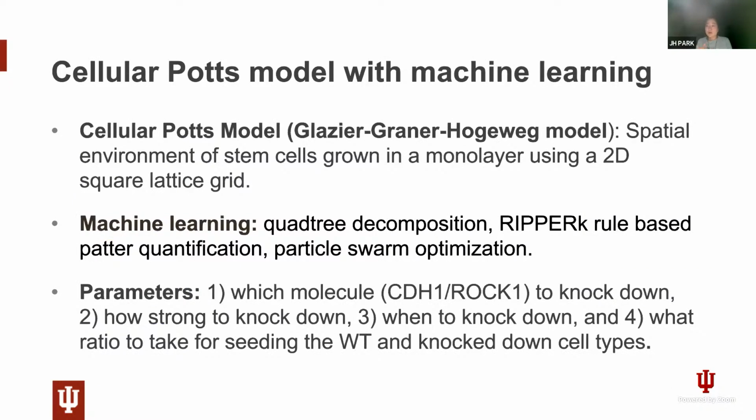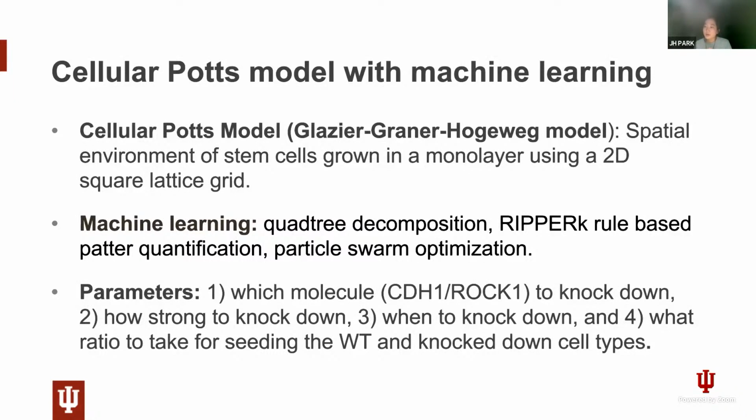The cellular Potts model, also known as the GGH model, was adopted to replicate the in vitro system in a 2D square lattice grid. Regarding machine learning, they use quad-tree image decomposition in combination with the Ripper-K rule induction algorithm to quantify the in vitro images.